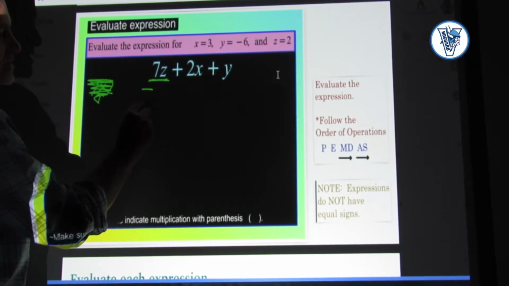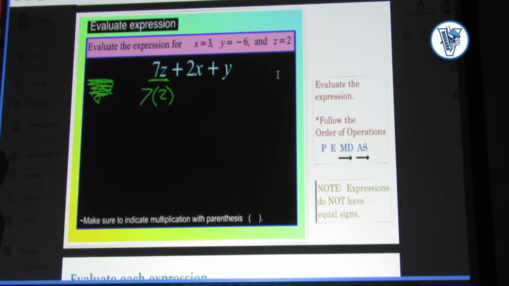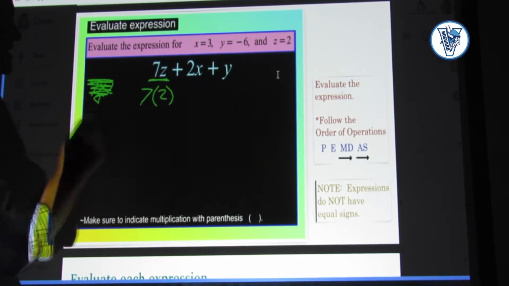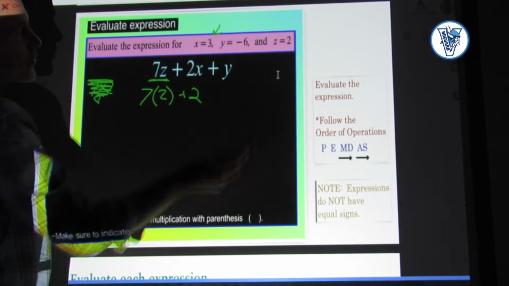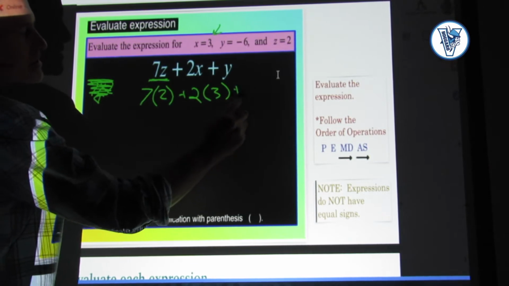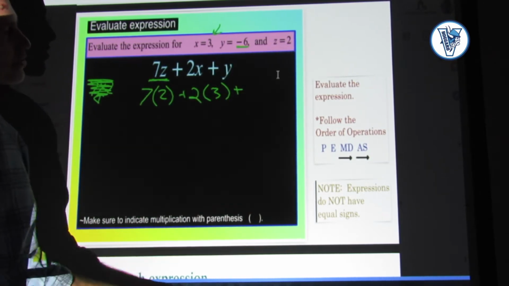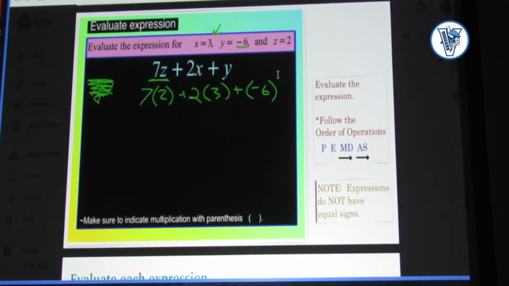Let's always use parentheses to indicate our multiplication in this game. So we substituted in 2 for z, and we will substitute in our given value 3 for x, and then plus, that says -6, so plus -6, another good spot for parentheses.